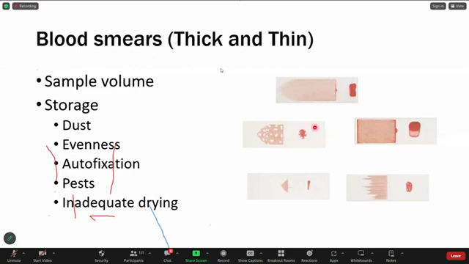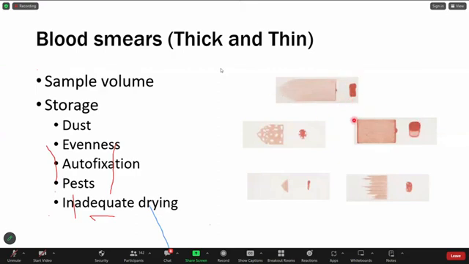Then the first one on top here, the volumes were okay, so the thick film appeared well, and the thin film also appeared well. Only that for this first one, the thick film is too near the edge of the slide. You might even fail to get where to label on this slide.